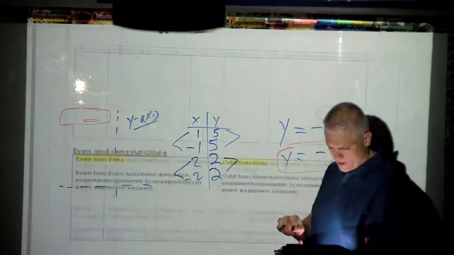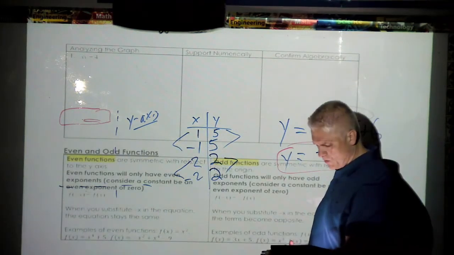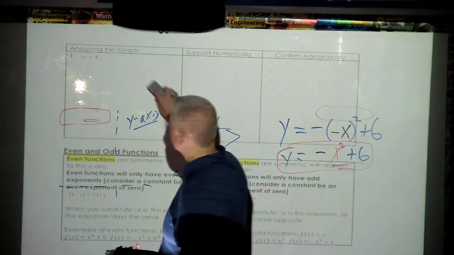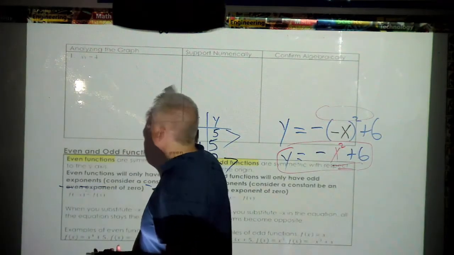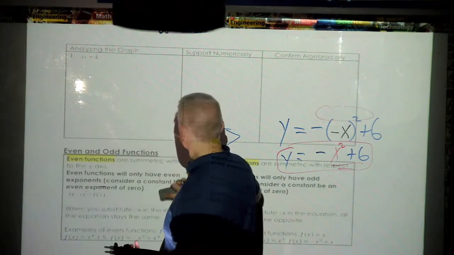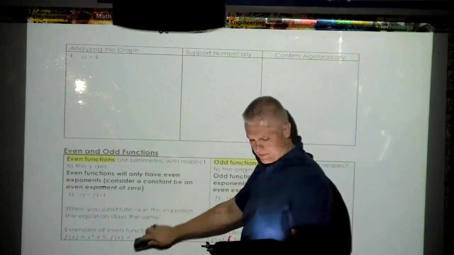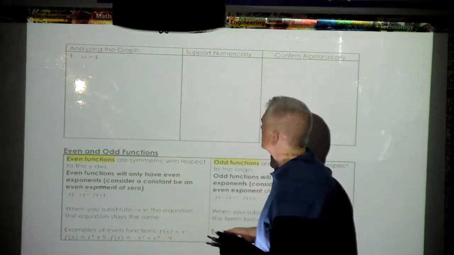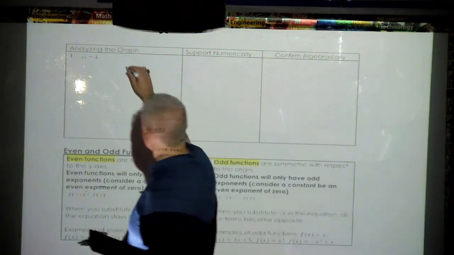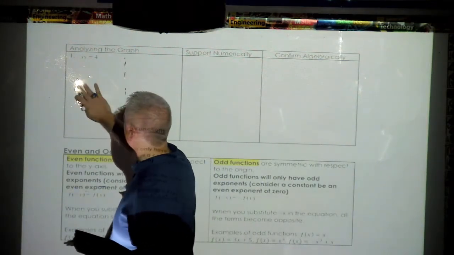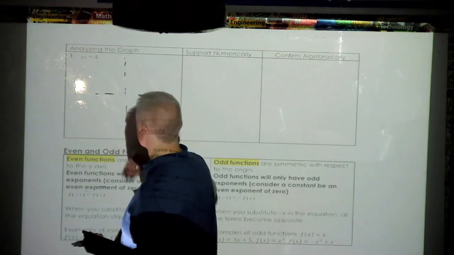All right, let's move on. We're going to analyze another graph here. xy equals 4. Is it a function? Yep, it's a function. Graphically, it does not look like I'm going to fold over the y-axis or even the x-axis.